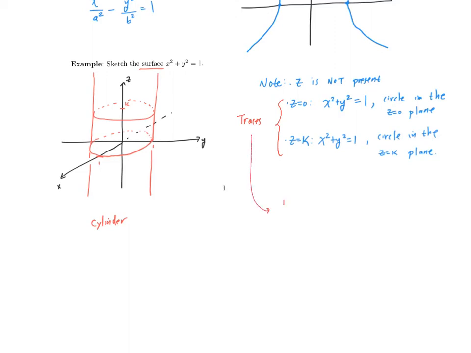More specifically, they are the intersection of the surface with a plane of the form x equals k, y equals k, or more specifically in this case, z equals k. And if you know what these traces are for a given surface, they give you a frame of what it looks like and should hopefully allow you to sketch the surface.